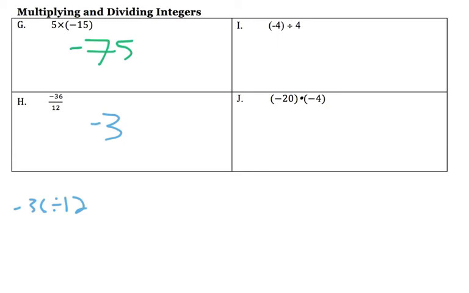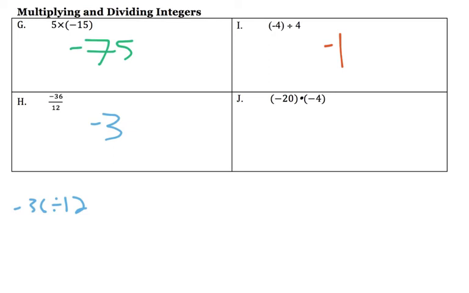All right, over here we have negative 4 divided by 4. Well, 4 divided by 4 is just 1, and then again, the signs are different, so the answer is going to be negative 1. Finally, we have negative 20 and the little high school symbol for multiplication times negative 4.